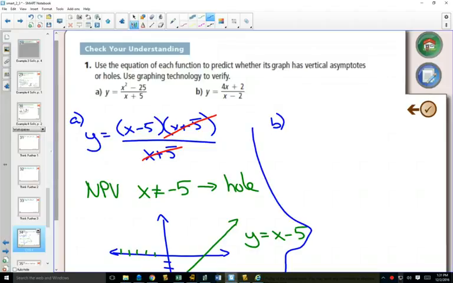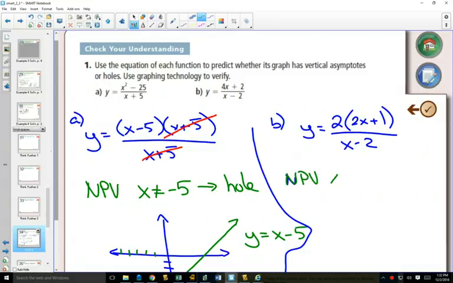Part B, we have 4x plus 2 over x minus 2. Can we factor the top? Yeah, what can we do? Take out a 2. Does anything cancel? No. So this one, the non-permissible value, color code things the same as before, x can't equal 2, and this means that we are going to have a vertical asymptote at x equals 2.